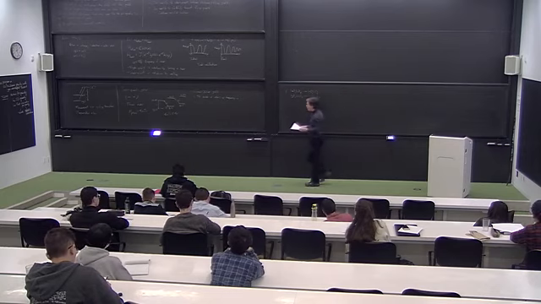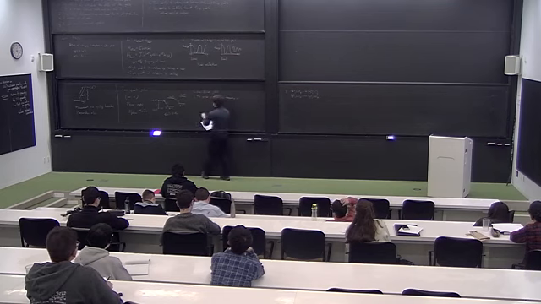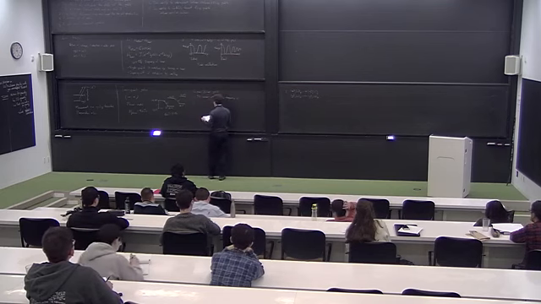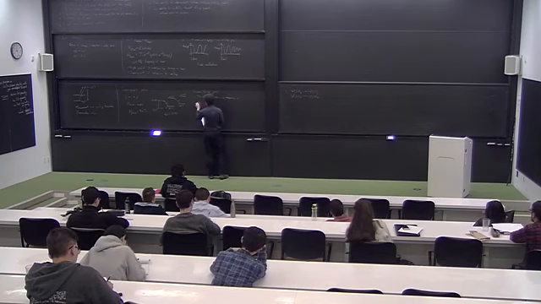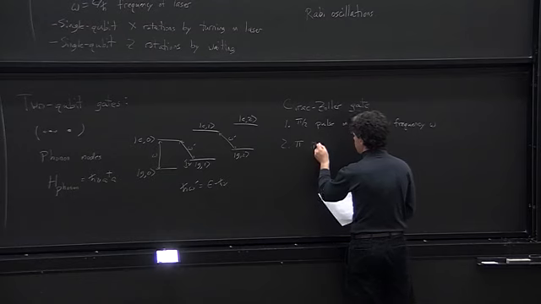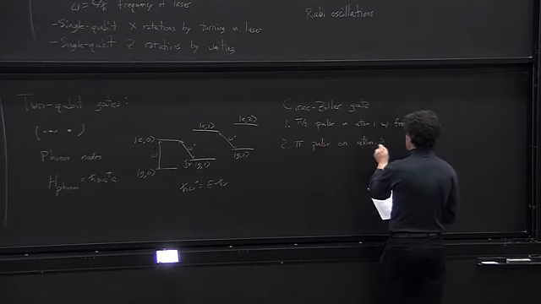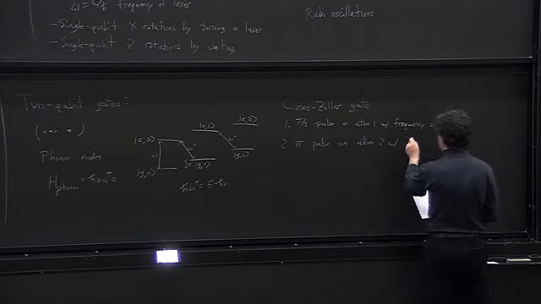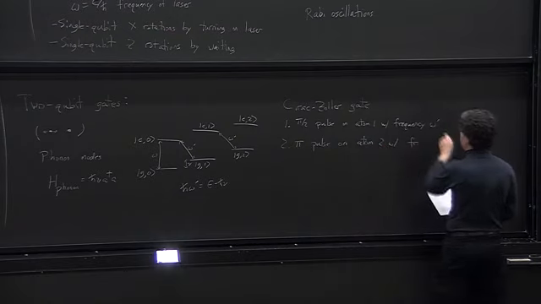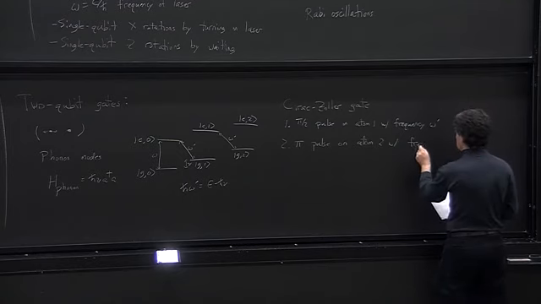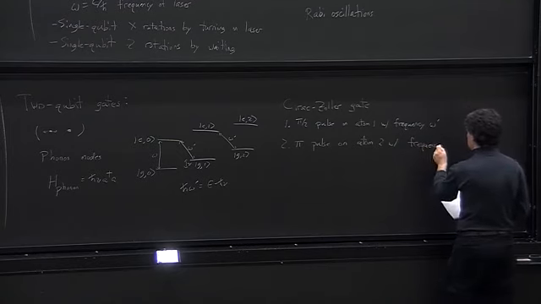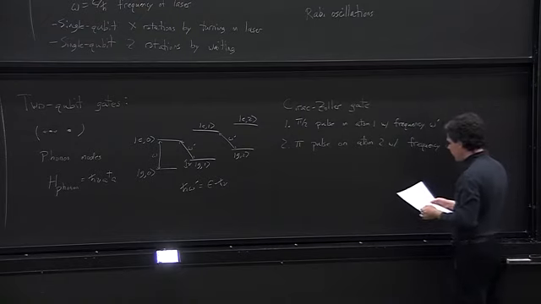OK. And then our second step is going to use another new energy level. And we're going to do a pi pulse on atom 2 with some new frequency, omega double prime.